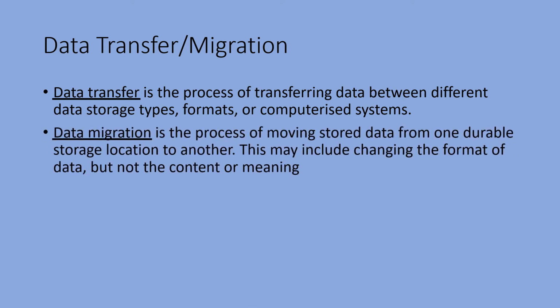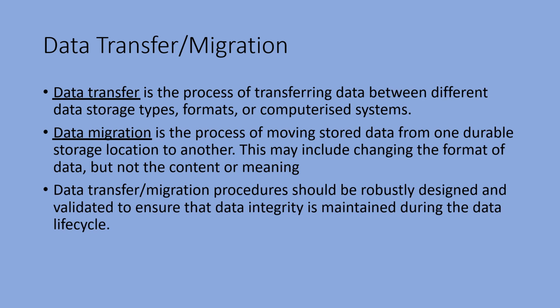Data migration is the process of moving stored data from one durable storage location to another. This may include changing the format of data but not the content or meaning. This will be used as disaster recovery management. In this, data migration will be moving from one secure storage to another secure location.